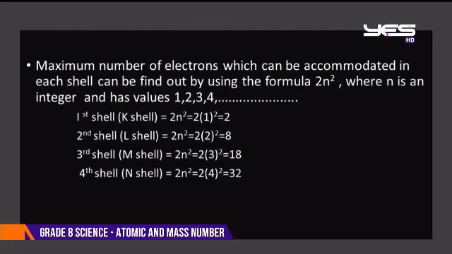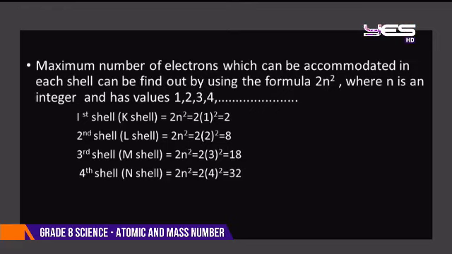Then come to the second shell or L shell. 2 into n value 2, so 2 into 2 square. 2 square is 2 into 2, that is 4. 4 into 2, total we will get 8. So L shell can accommodate maximum 8 electrons. Then go to the third shell or M shell.